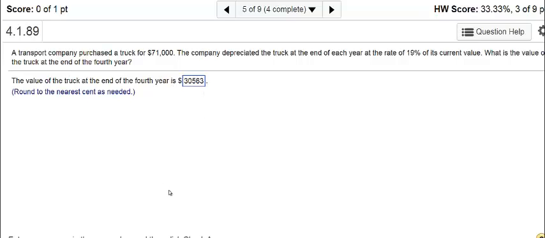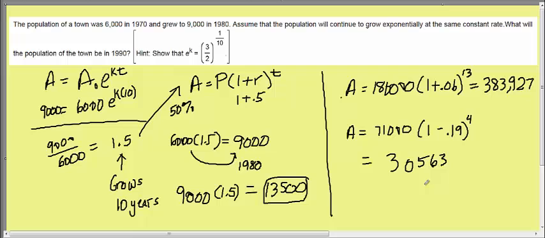Okay, well, let's see what's going on, because this isn't a difficult problem. So I know that after the 1st year, it's going down by 19%. So that would be 81,000, or excuse me, 71,000 times 0.81.